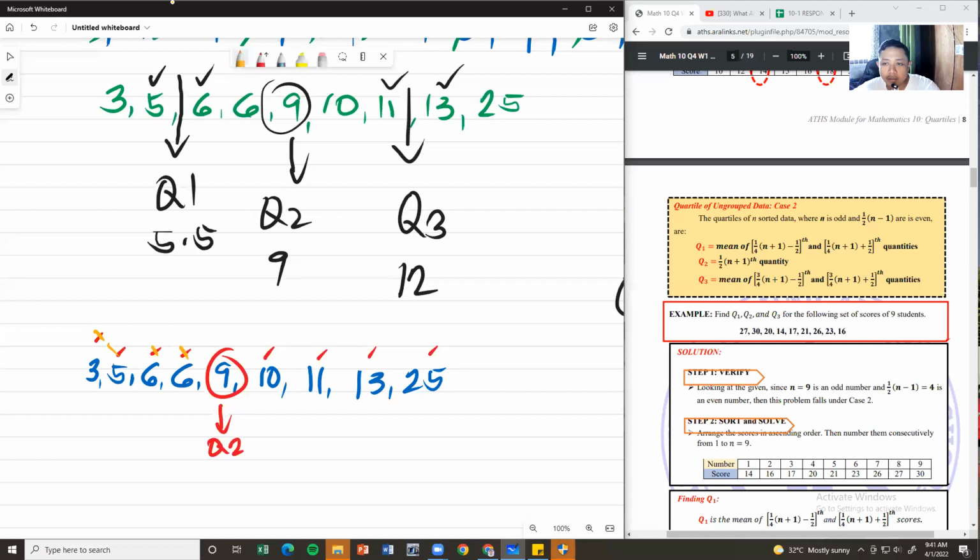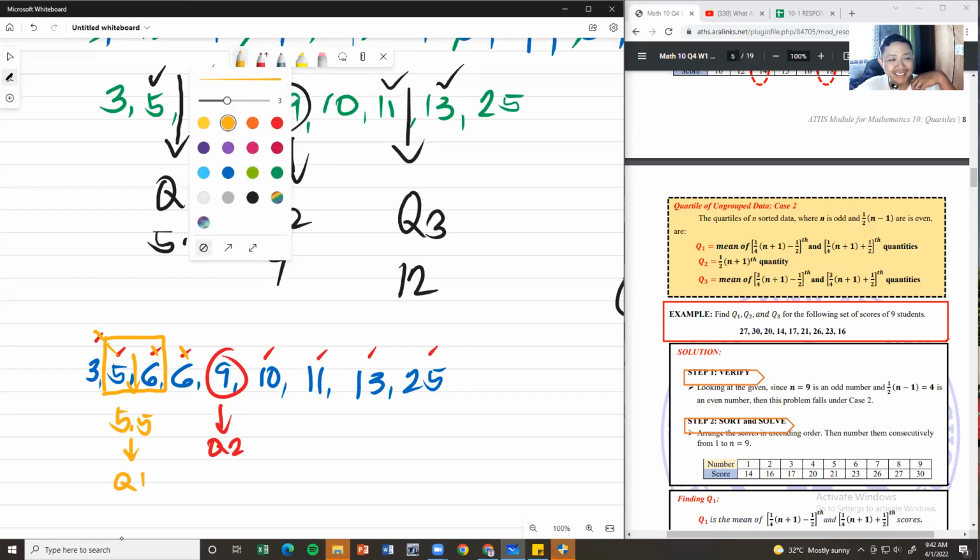There's no exact value for our middlemost term. So if that's the case, all we need to do is get the average of the two middlemost numbers. The average of the two is 5.5, and this becomes our quartile 1.